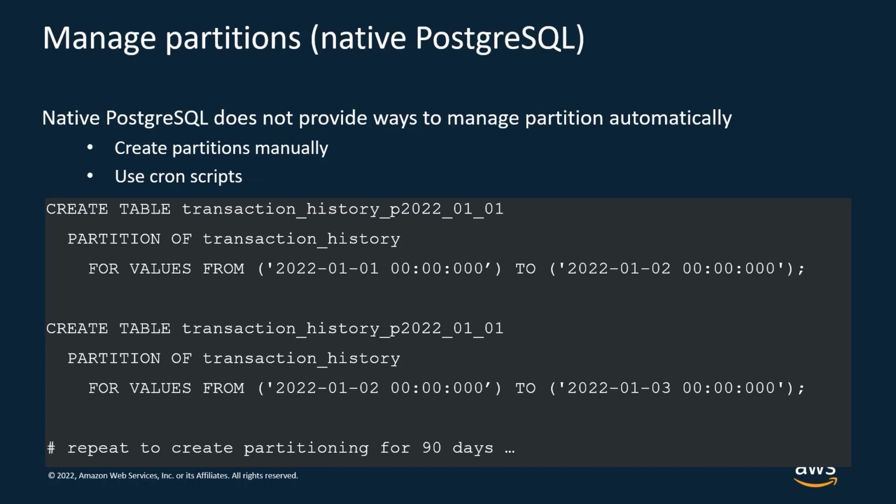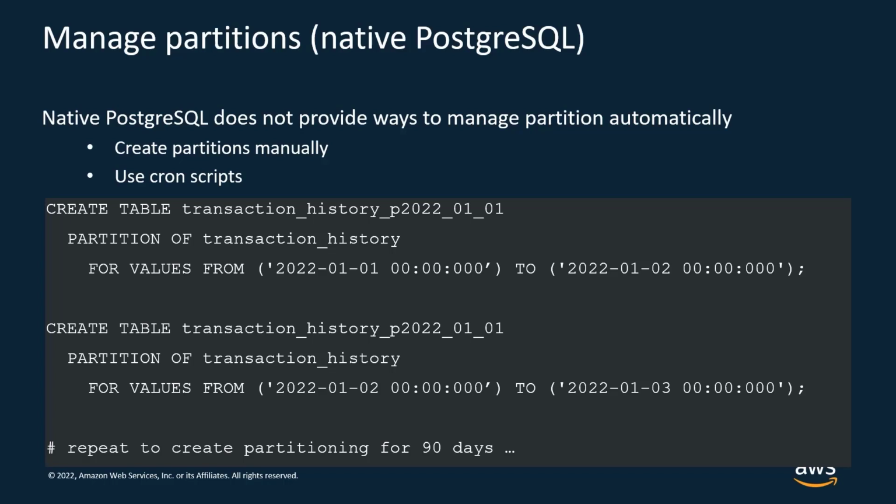Once the partitioned parent table is created, we need to create a table for the partitions. With native Postgres, there is no support for automatic creation of partition child tables. We need to call create table 90 times to create each partition.